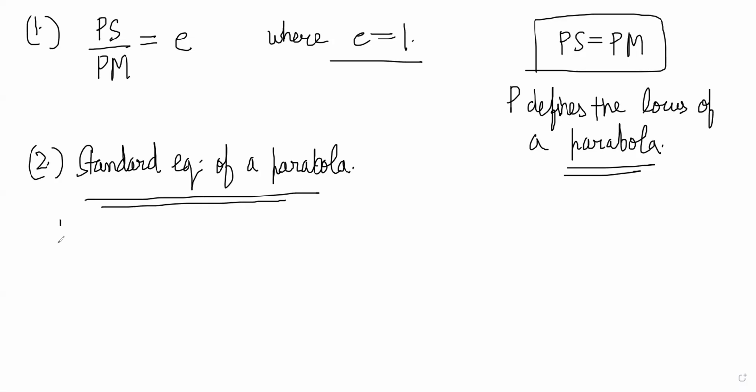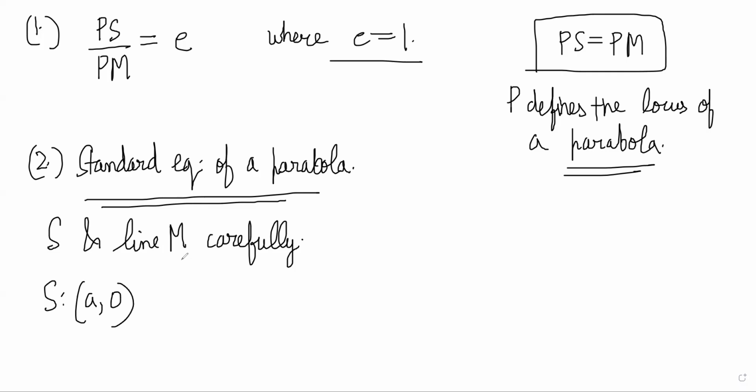I have to choose my S and line M carefully. If I choose them to be really easy, then my equation will become quite easy, right? So we will choose S to be the point (a, 0) and the line M to be the line x is equal to minus a, right?